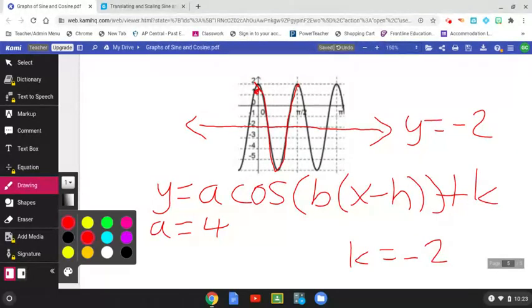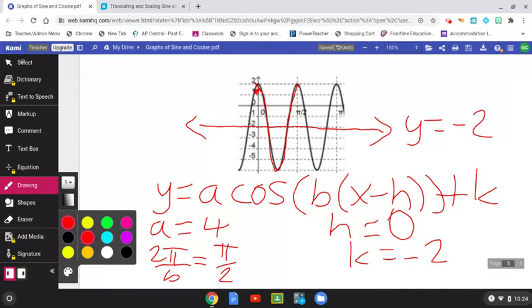That period goes from 0 to pi over 2, which tells me that h is 0 because my starting point is 0. To find b, I take pi over 2 and subtract 0, which is pi over 2. We know that 2 pi over b is going to equal pi over 2.